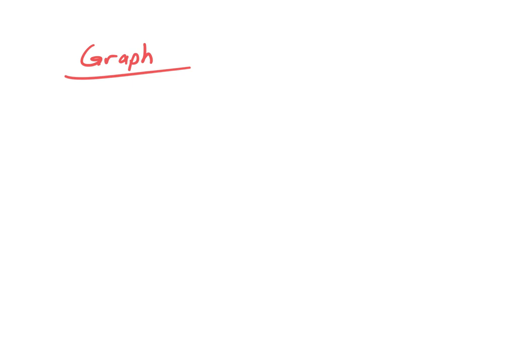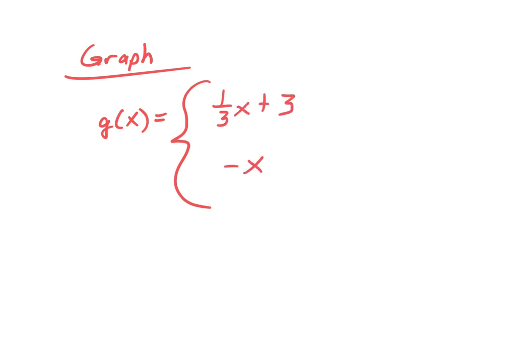So they're going to ask us to graph a piecewise function. Instead of evaluating it, we're going to graph it. So here, once again, we're going to go g of x, and I'm going to try to keep it pretty simple for you here, or as simple as we can anyway, when we do a piecewise function.